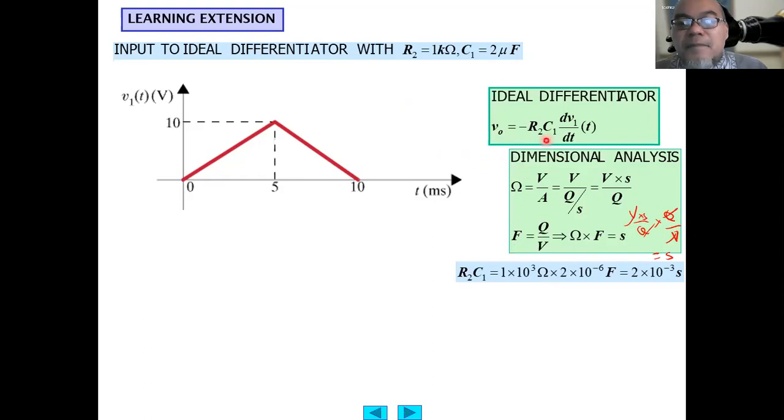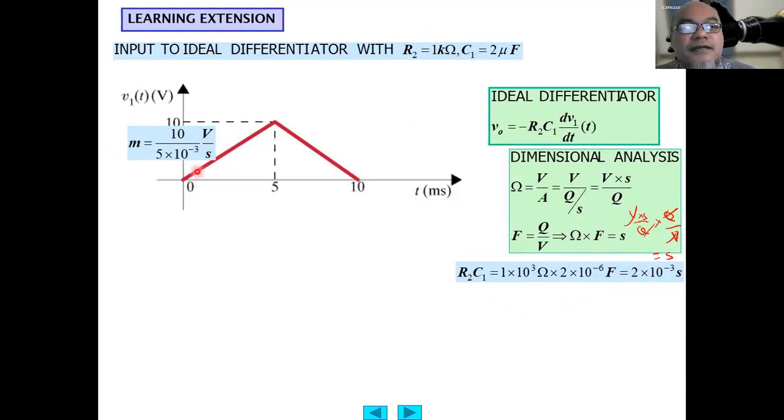So R2C1 is 1 kilo ohm times 2 times 10 to the power of minus 6 farad. This is ohm times farad, so the dimension is second. R2C1 equals 2 times 10 to the power of minus 3 second, or 2 millisecond.